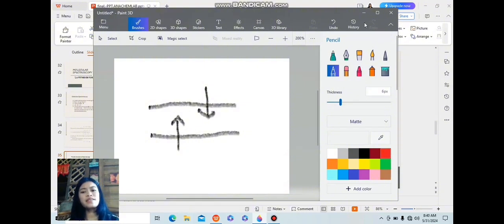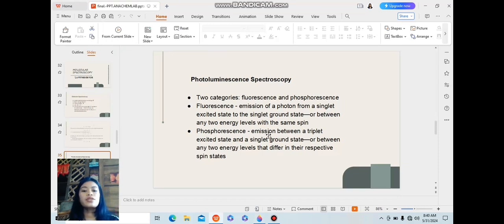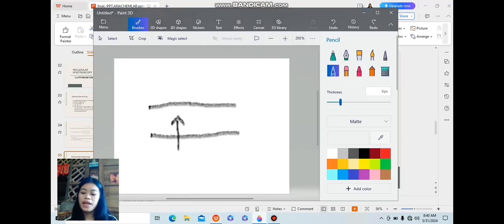In some cases, phosphorescence is the emission between a triplet excited state and a singlet ground state. In phosphorescence, an electron in a singlet excited state is transformed to a triplet excited state. But in this scenario, the spin is no longer paired with the ground state.